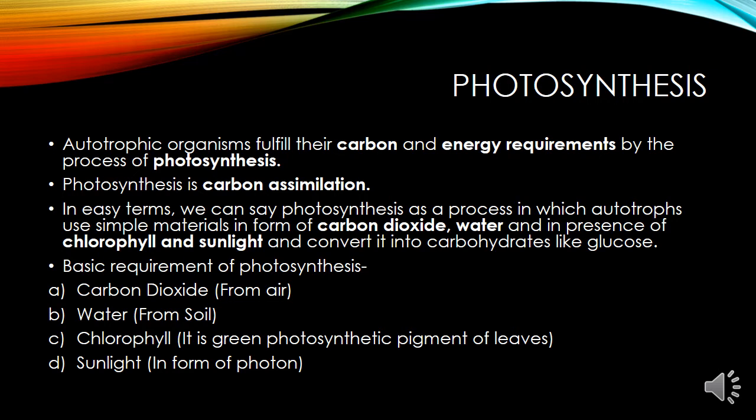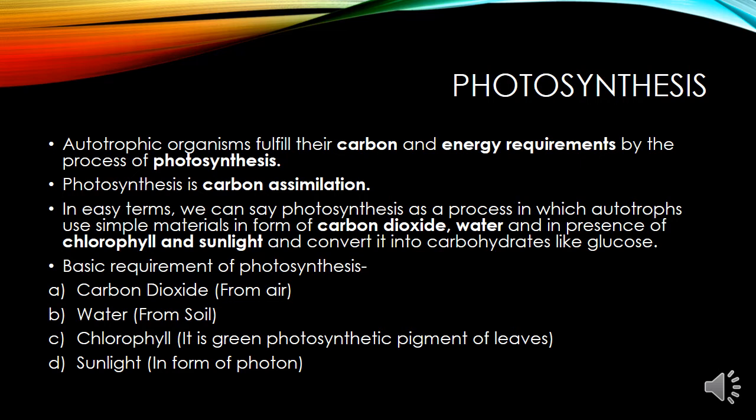In this process, organisms take in substances from outside and convert them into a stored form of energy. What do they take? They take carbon dioxide, they take water, they have a green pigment which is called chlorophyll, and all these activities take place in the presence of sunlight.